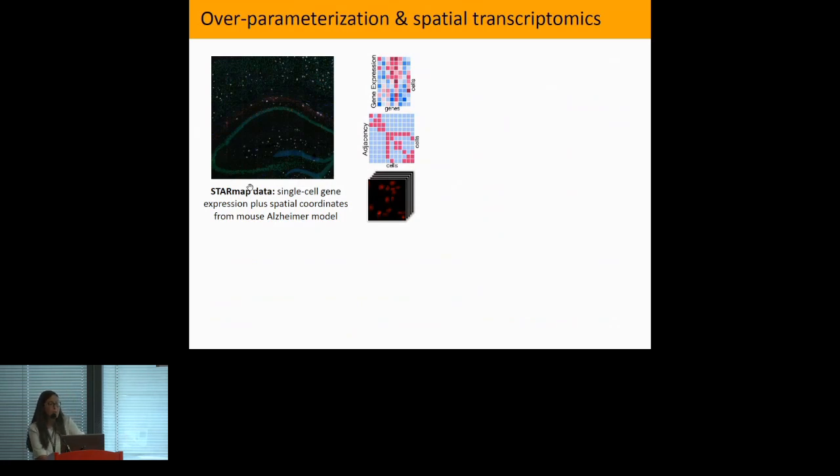So what does StarMap data give you? It's a spatial transcriptomics technology, imaging based, where what is nice is it gives you chromatin images. And it gives you gene expression. So in this particular data set, this StarMap version had over 2,000 genes. So you can think of it as this cell by gene matrix that you get out.